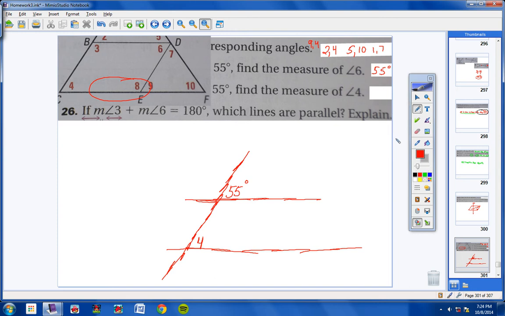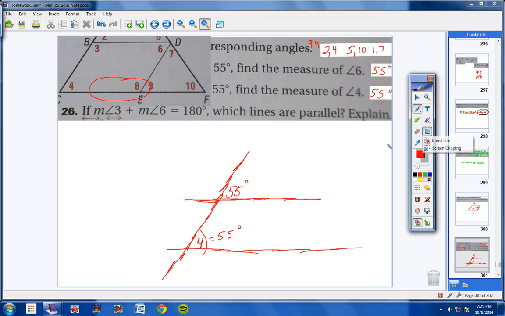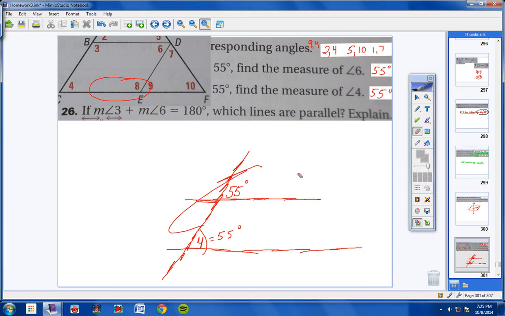Whenever two lines are parallel cut by a transversal, these two angles here are called corresponding angles. And you definitely need to know that. Well, we know that when two parallel lines are cut by a transversal, corresponding angles are congruent. So the measure of angle 4 equals 55 degrees. Okay, students, hopefully you're seeing this, it's really important. I hope that you understand this.